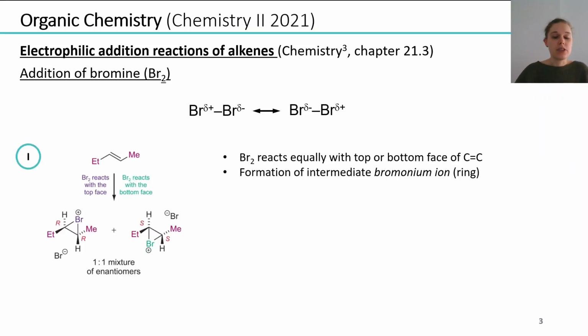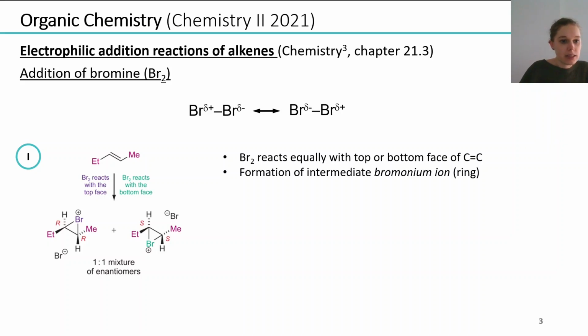Then in the first step, we have the addition of the bromine to the alkene. And here it is important that we see that there is no probability for one specific addition. That means bromine reacts equally with the top or bottom face of the carbon-carbon double bond.